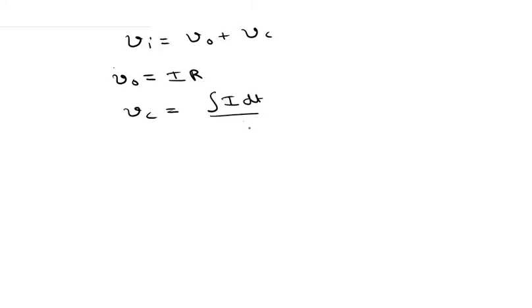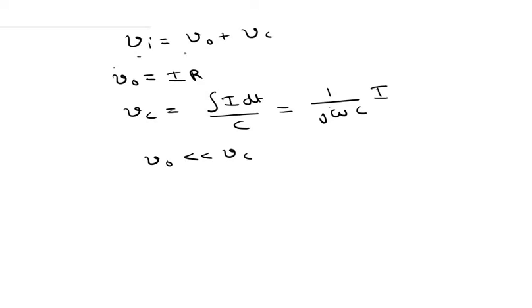So let us see why. This Vi is equal to V0 plus Vc, and V0 is basically the output voltage or the voltage drop across the resistor. V0 equals IR, and Vc is the voltage drop across the capacitor, which is integral of I dt divided by C, which is equal to 1 by j omega c I. So under the condition that this R is actually much less than this 1 by j omega c over here, this V0 is actually much less than Vc.